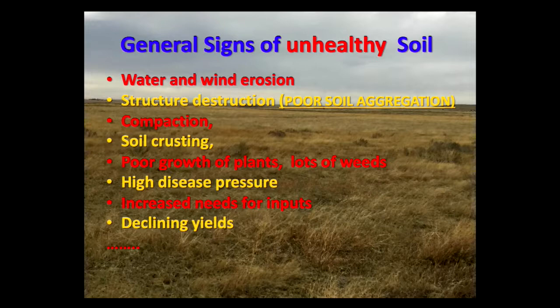When we also find that there is an increase in inputs, that you need to apply a lot of fertilizers to get the yield that you weren't needing before, or when you have to apply too much herbicides or any chemicals, any input that you put extra in your field is an indication that something is going on in there, and that could be that the soil is not healthy.